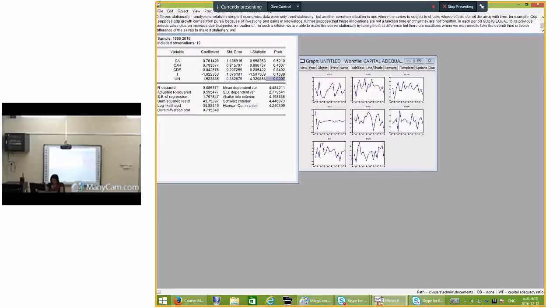We call these variables integrated, with the order of integration being the number of differences. So these are the different types of stationarity.